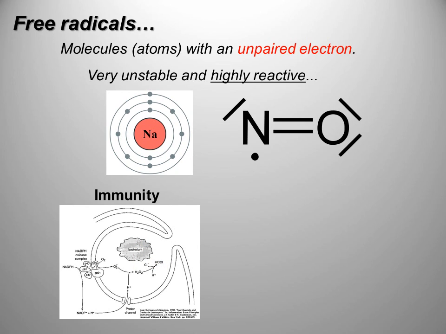Imagine you had a bicycle and all of a sudden you started spraying it with something reactive like tar, something very sticky. You cover the bike in tar. Now everything's reacted with it, and the bicycle can't function anymore. That's what free radicals do.